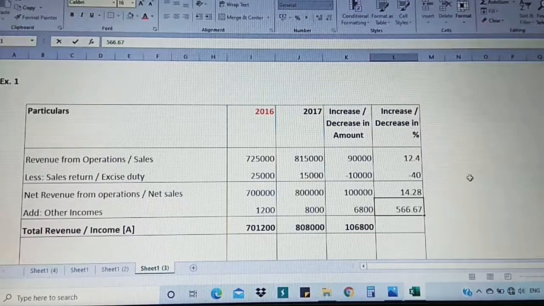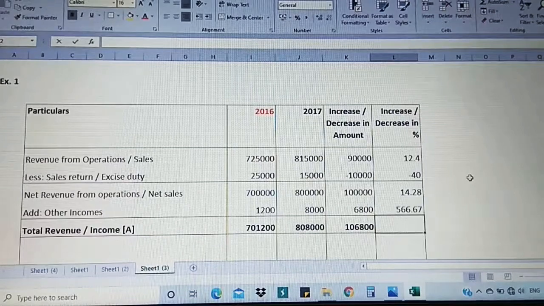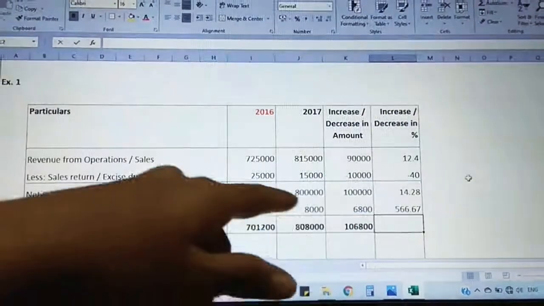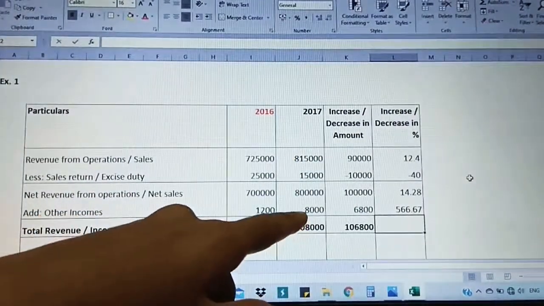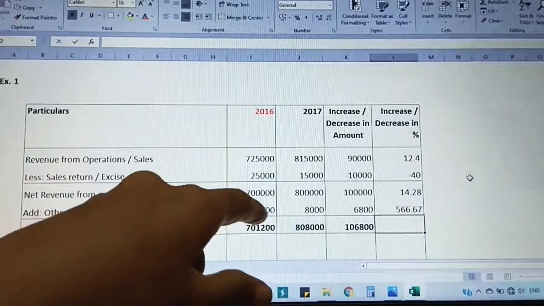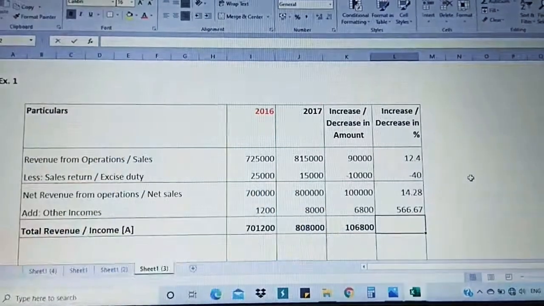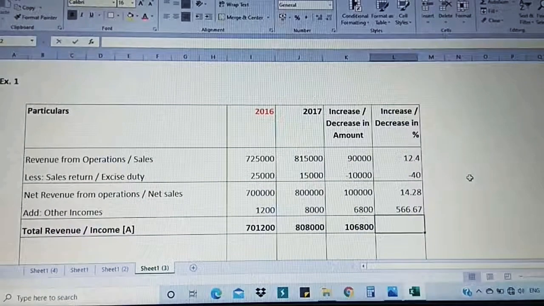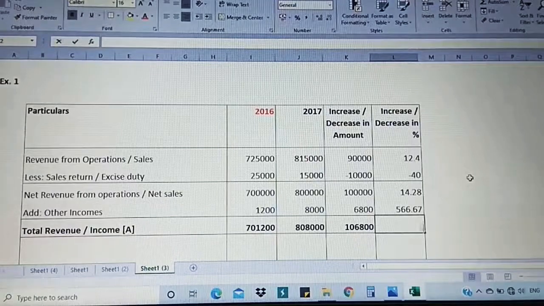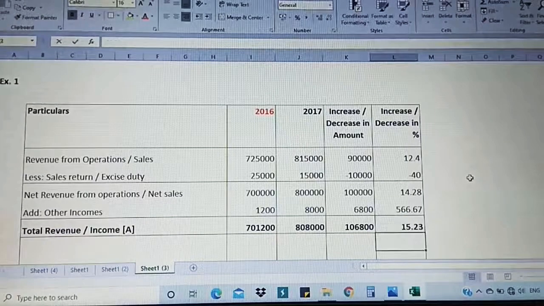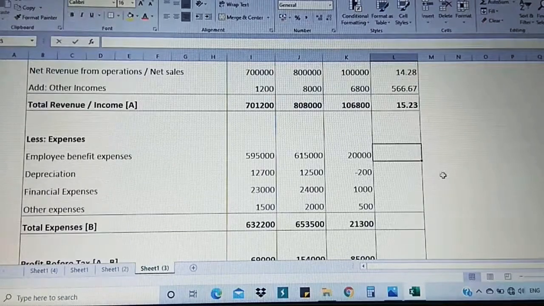Okay, that is too much of an increment for the present year in other incomes, compared to the previous year. Then 1,06,800 divided by 7,01,200, percentage 15.23. This is how we are going to do it for each and everything.